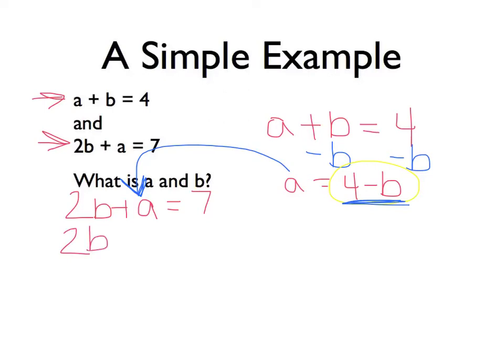I should get 2B plus 4 minus B, and that's going to equal 7.